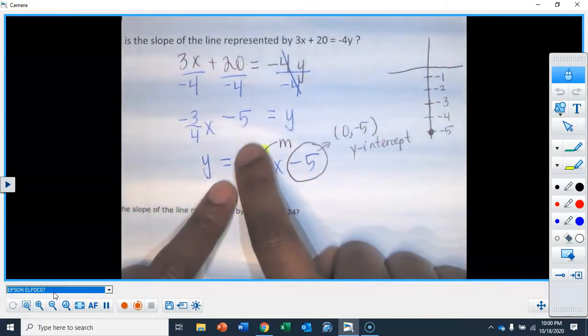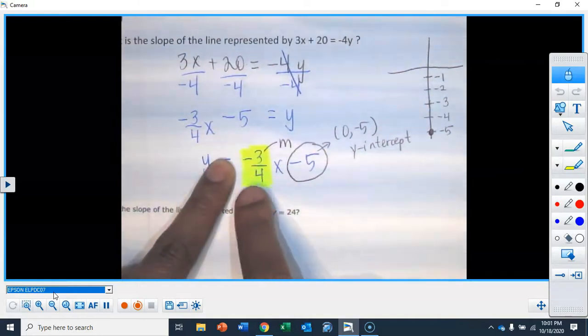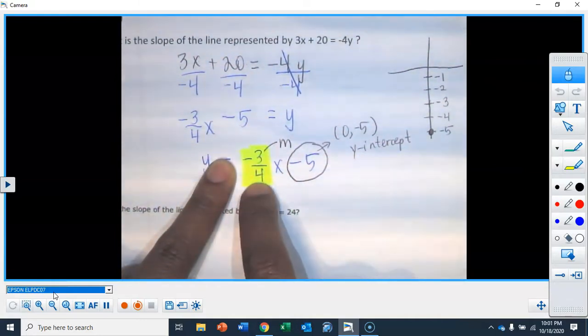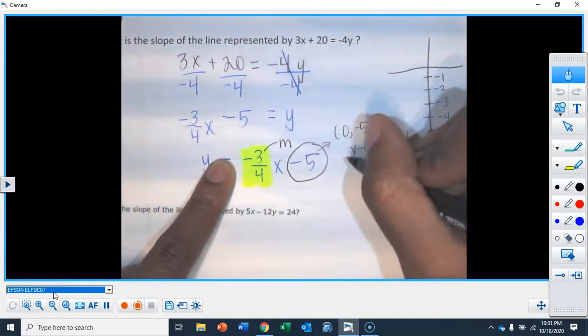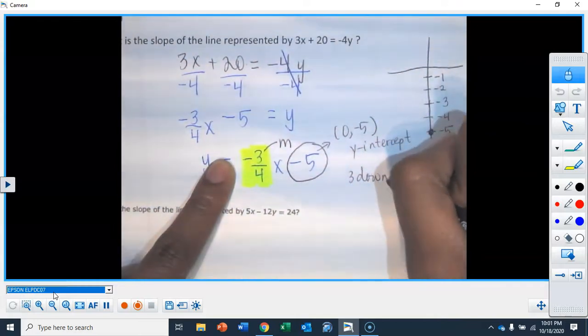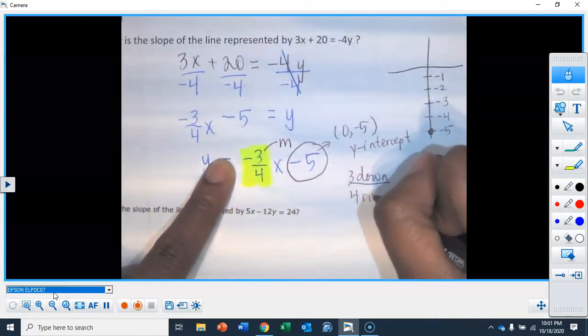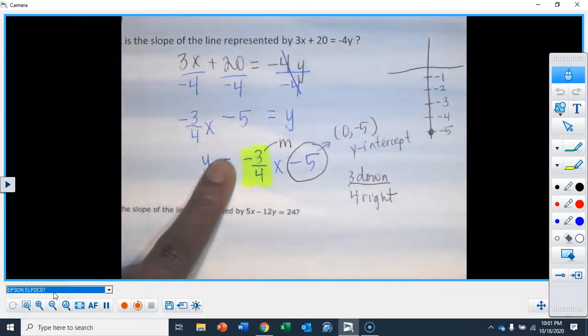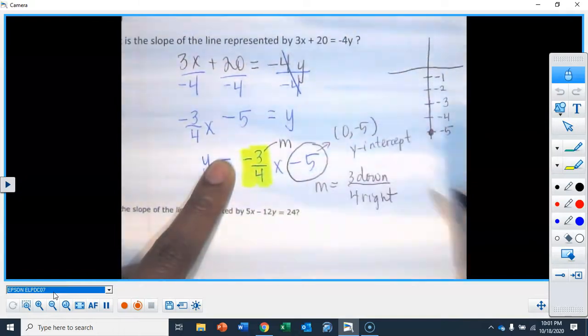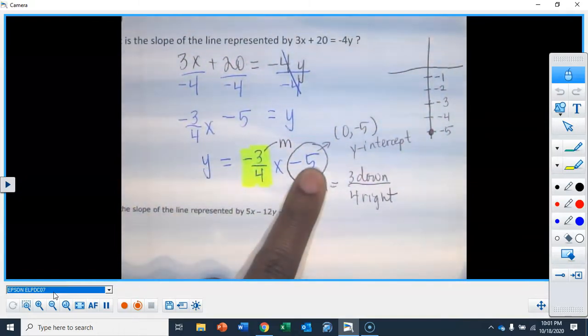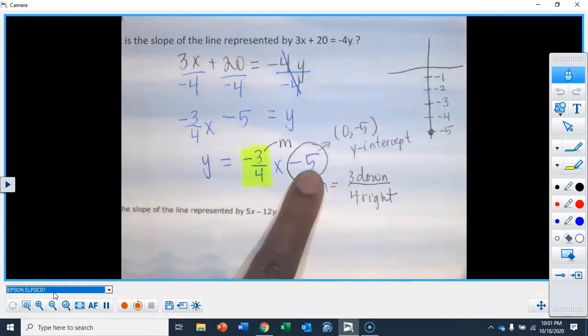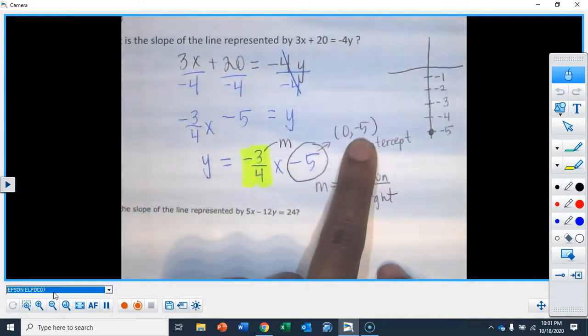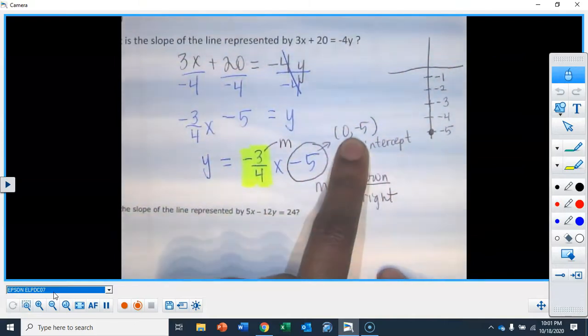I know that the number in front of x, this fraction, is my slope or my address. So that means I go 3 down, 4 to the right. That's the address. That's my m. And then this -5, because you keep the sign, that's the y-intercept, 0, -5.